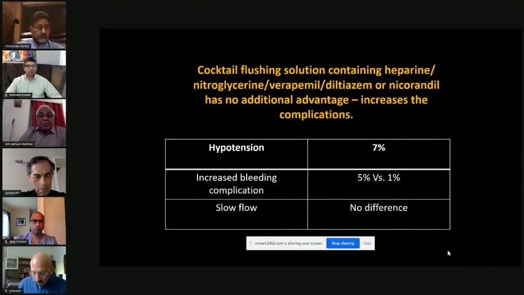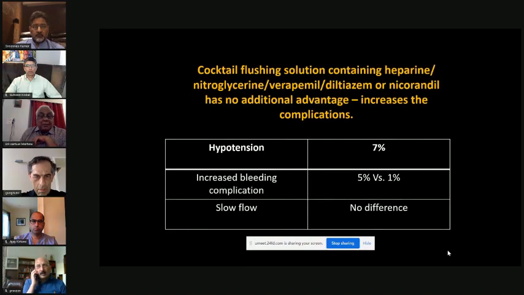Conventionally, there has been a recommendation of using heparin, nitroglycerin, verapamil, and diltiazem, or various combinations in the flushing solution. To me, this has a lot of disadvantages.